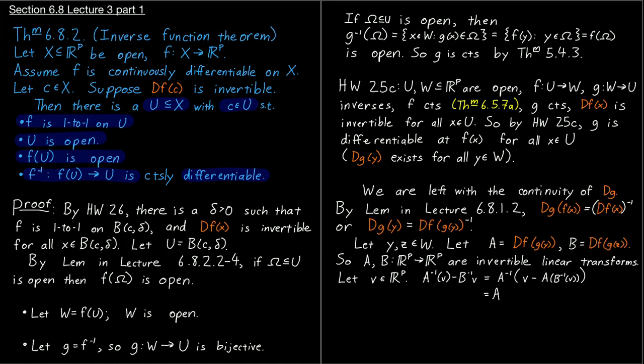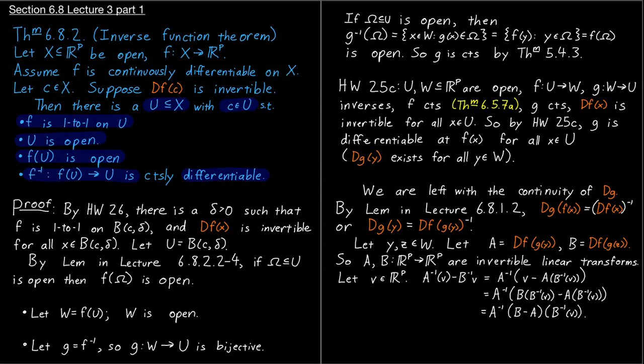So we've got A inverse, and then I'm going to turn V into just B of B inverse of V minus A of B inverse of V. And then we can break that up into A inverse of, and then B minus A, remember, is a linear operator, and then we write B inverse of V.